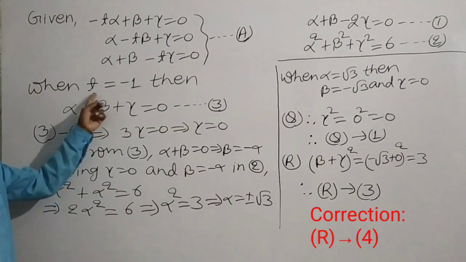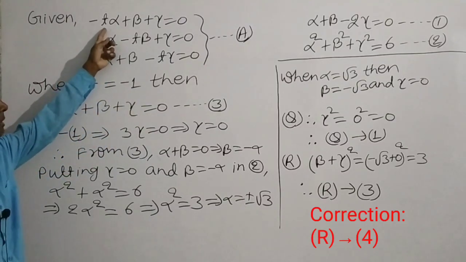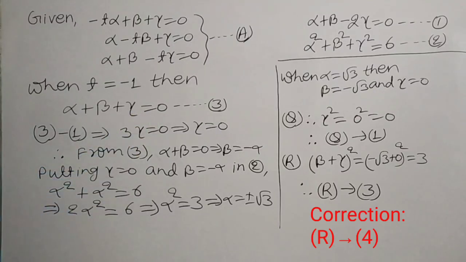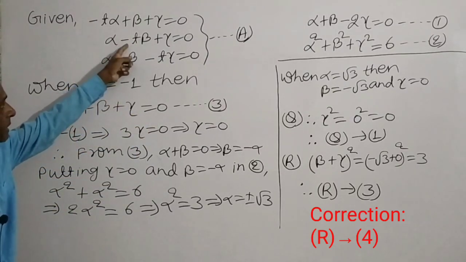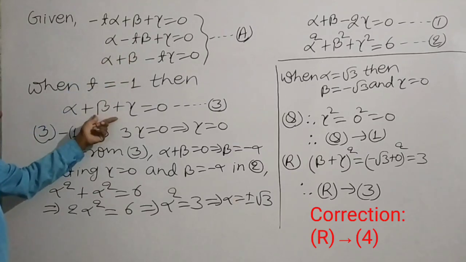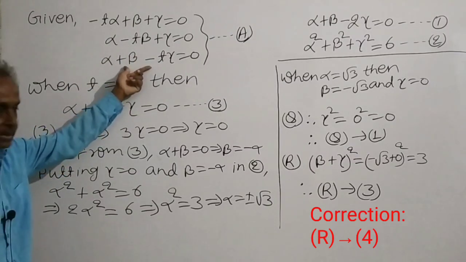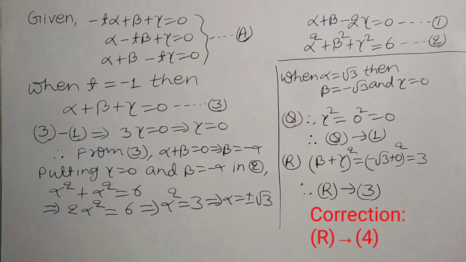When t is equal to minus 1, then alpha plus beta plus gamma is equal to 0. If we put minus 1 in this, then also we get this result. If we put this value in this equation, then also we get this result.